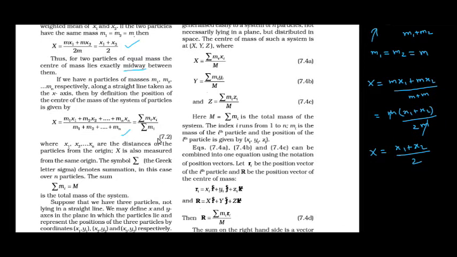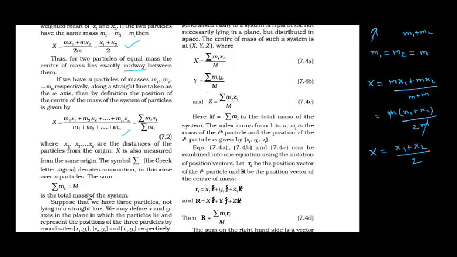This can again be written using sigma. The whole numerator can be written in the form of sigma mi xi, and the denominator can be written as sigma mi. Now sigma mi means the summation of the mass of each of the particles present in the system.